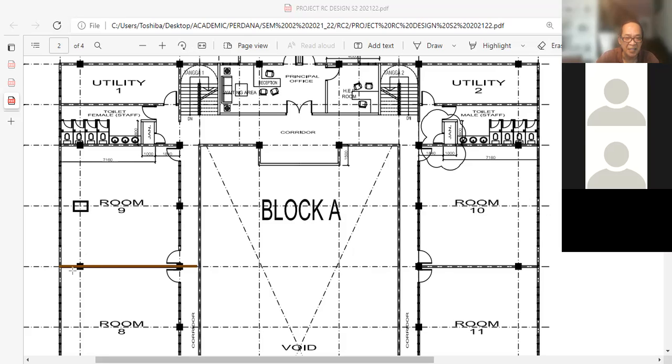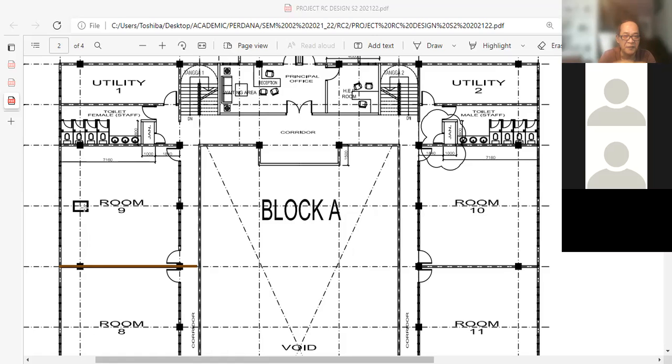Here the column continues up because the column is in a position similar to the brick wall, so the column does not obstruct the use of the room. However, if this column is allowed to go up to roof level, then within the classroom suddenly there is a pillar.